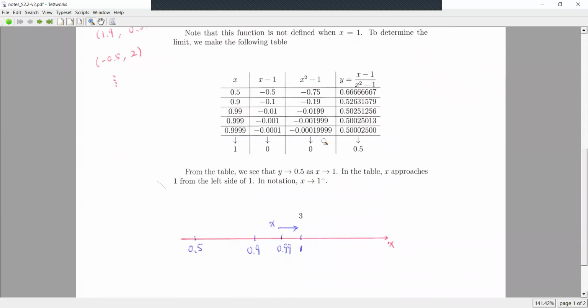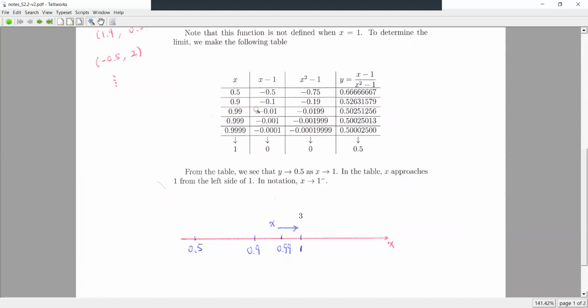In this table, I let x approach the number 1 from the left-hand side of the number 1. Here, I plot these numbers on the number line. Suppose this point is 1. 0.5 is here, on the left of 1. 0.9 is this point, on the left of 1. 0.99 is on the left. 0.9999 is still on the left of the number 1.